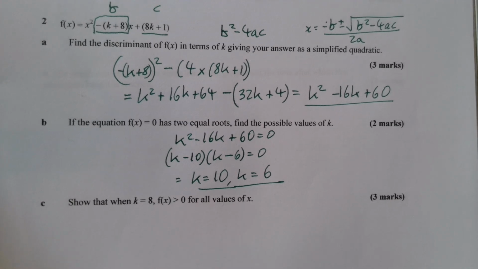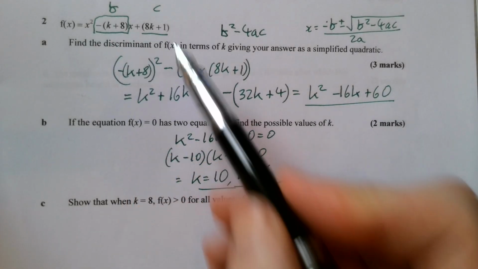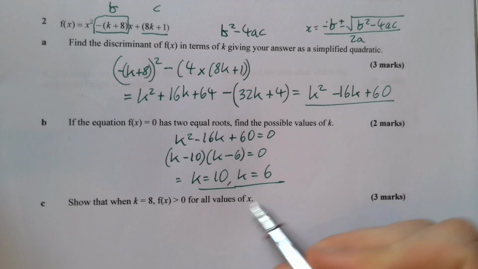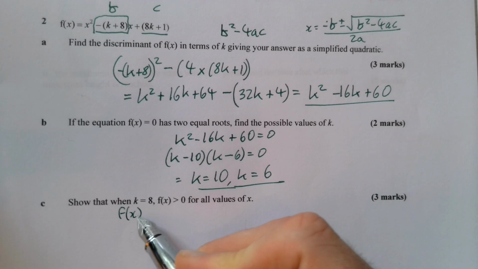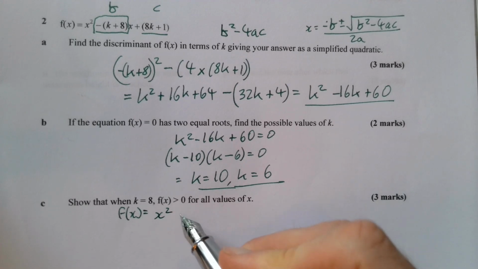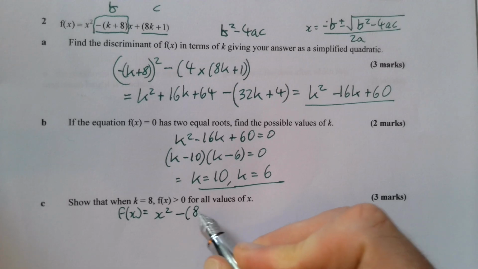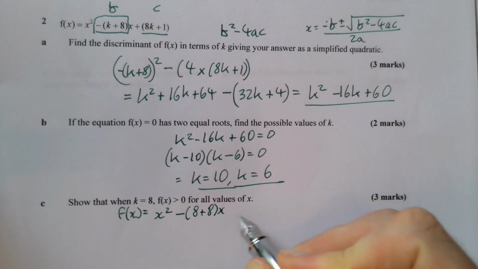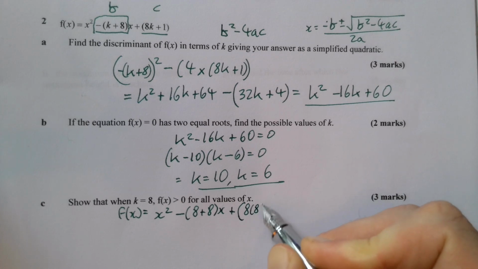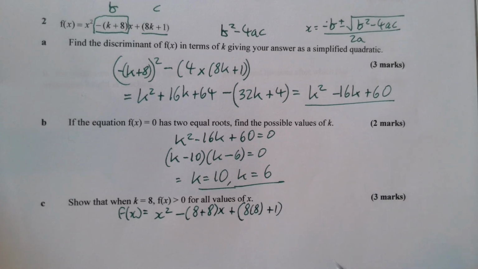Show that when k equals 8, the function f(x) is bigger than 0 for all values of x. So first of all, we're taking this and we're just going to substitute 8 into there. So our function f(x) is going to be equal to x squared minus 8 plus 8x plus 8 times 8 plus 1.